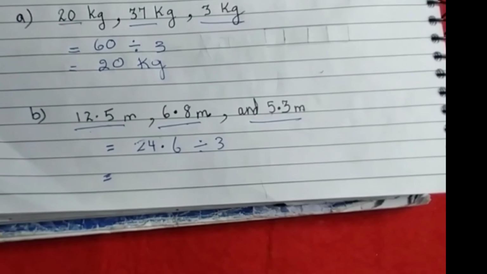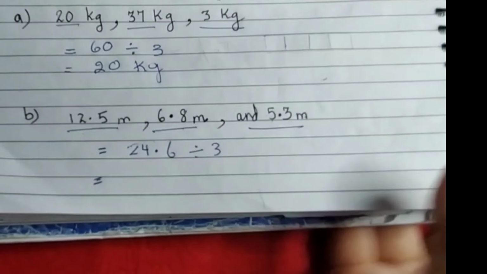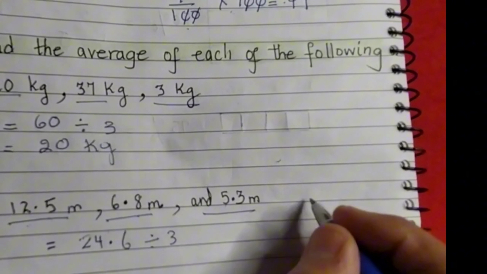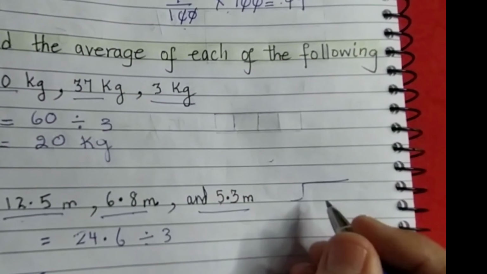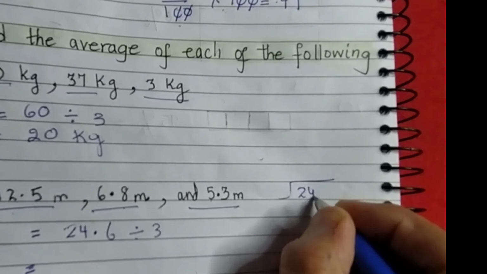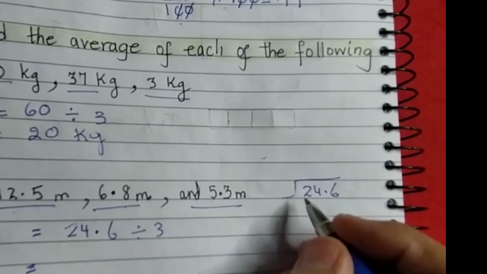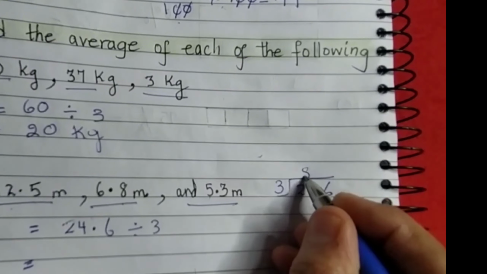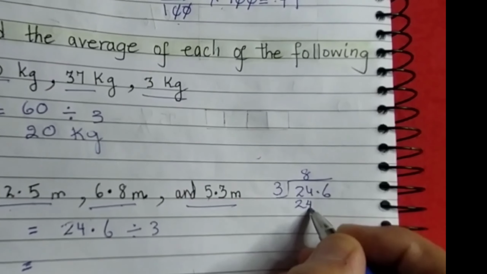How do you divide it? I think on Friday, in class, you were discussing divisions. So let's just see. The division is 24.6. Children, please make sure division has to be done very carefully. 3 eights are 24. Have a look at this.